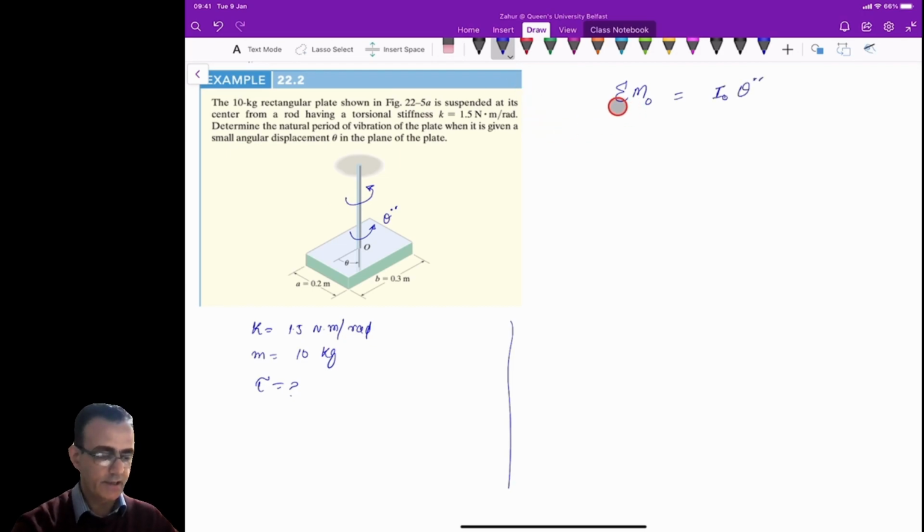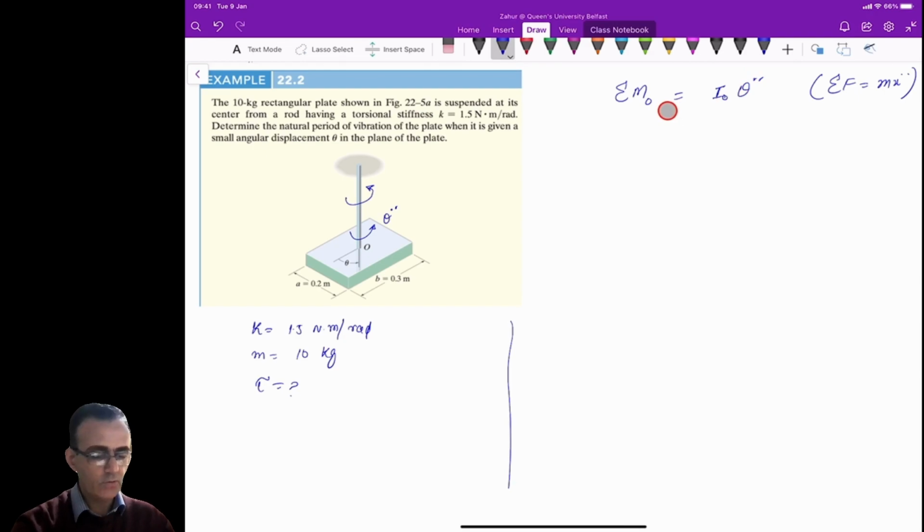This is like the summation of all the forces equal to m x double dot, which was the equation for the linear motion. Now we will replace F by moment or torque, m by moment of inertia, and x double dot by theta double dot, which is angular acceleration here.